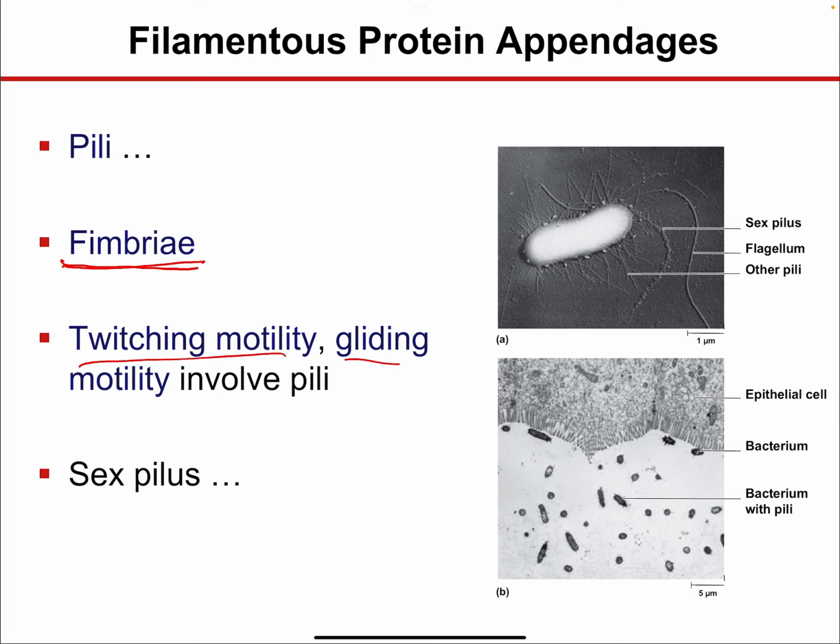Twitching or gliding motility. And finally, the pili can be used to transfer some genetic information from one cell to another. This is what we call the sex pilus, right? It allows transfer of genetic information, and this is what we call horizontal gene transfer.